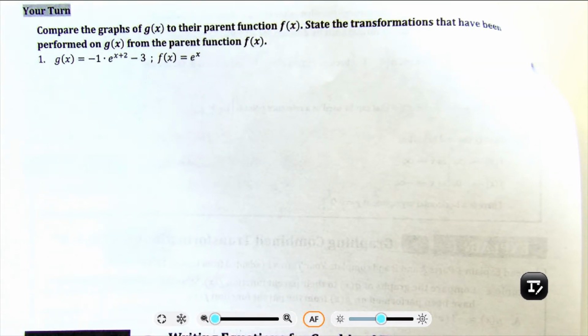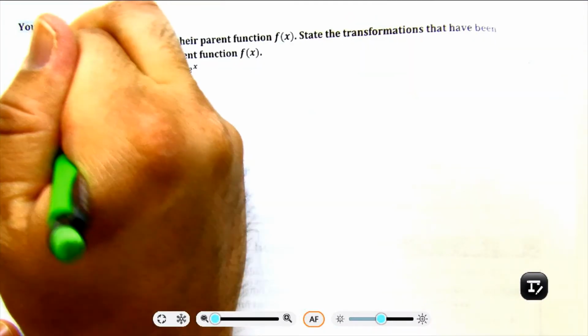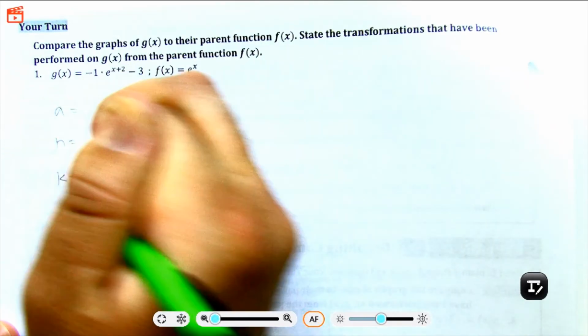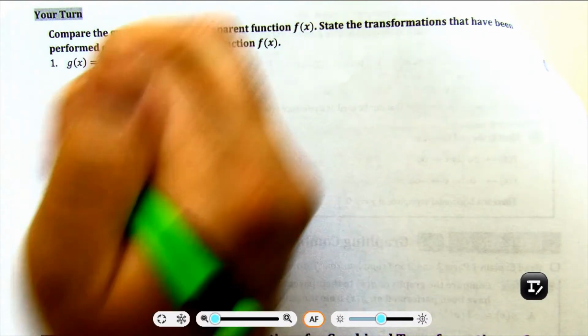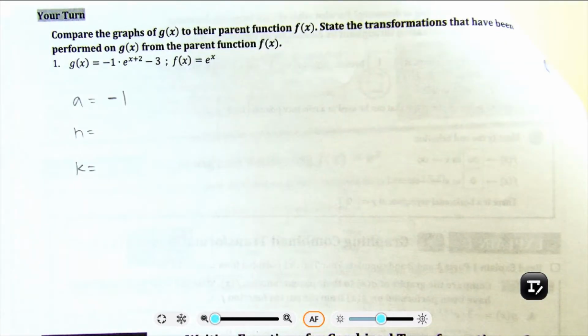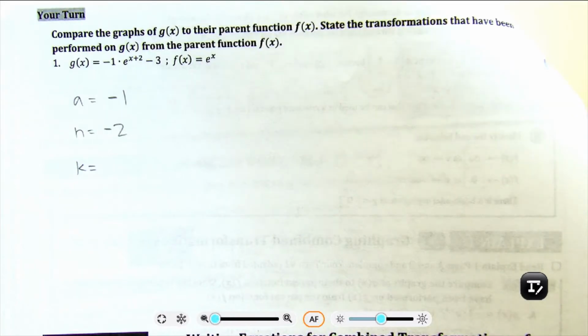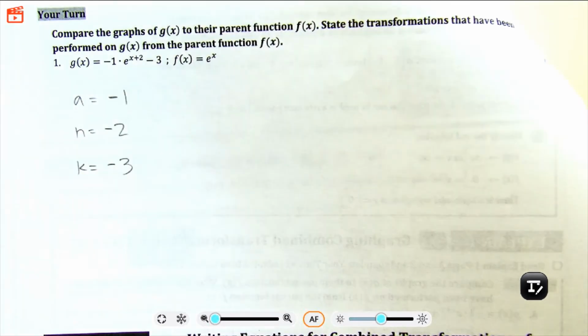Let's identify what a is, what h is, and what k is. a is negative 1, h is negative 2, and k is negative 3. What happens if a is negative? That's a vertical reflection.